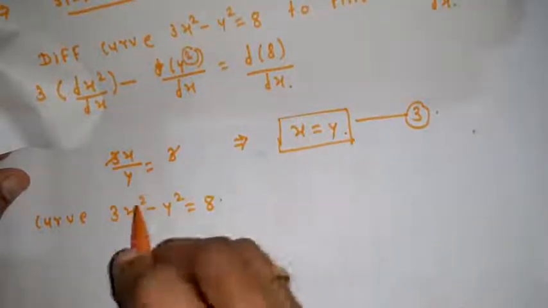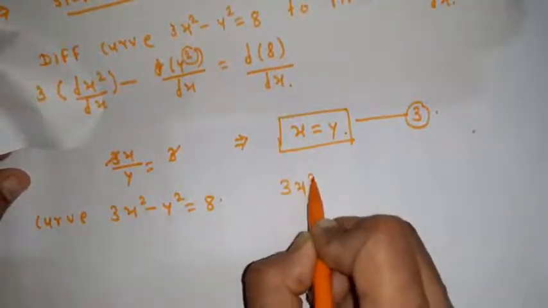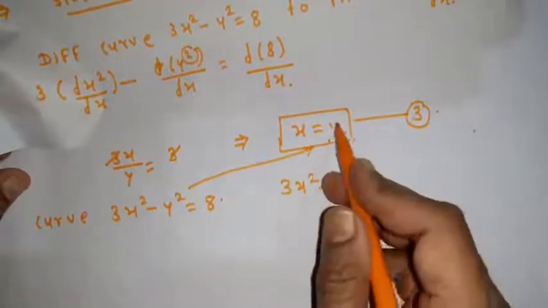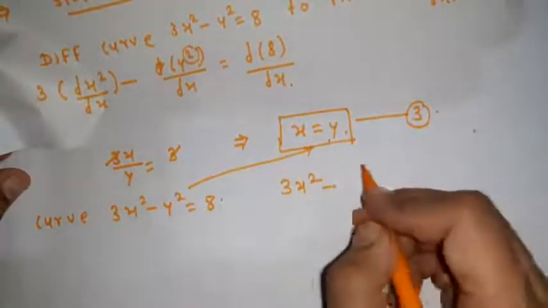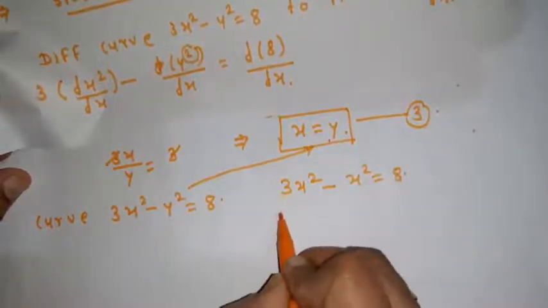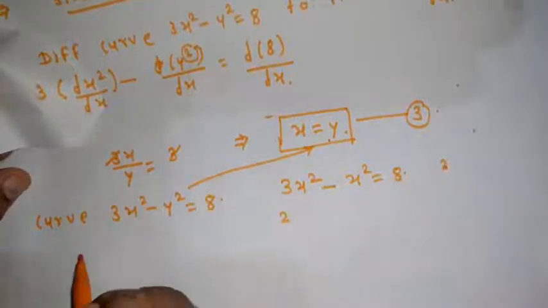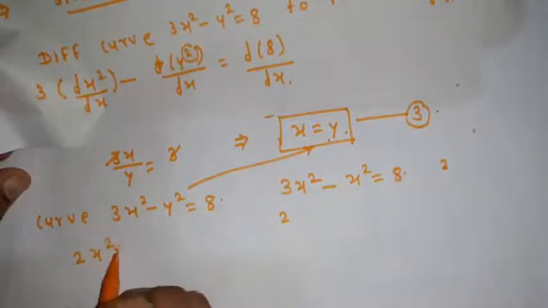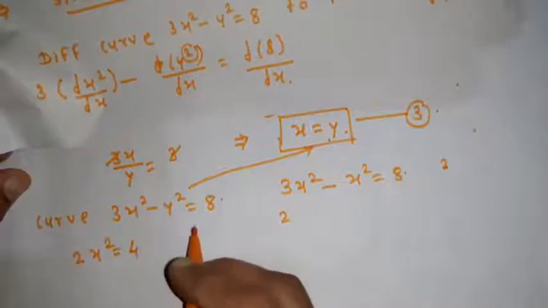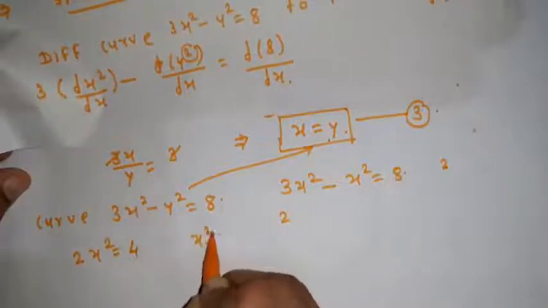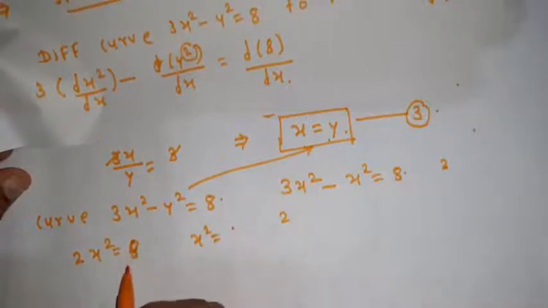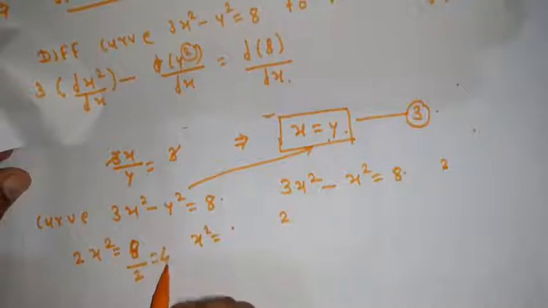Put x equal to y, that is 3x square minus, value of x is y, or value of y will be x, anyway we can put, x square equal to 8. This implies 2x square equal to 8, and therefore we will get x square equal to 8 by 2, and that is equal to 4.